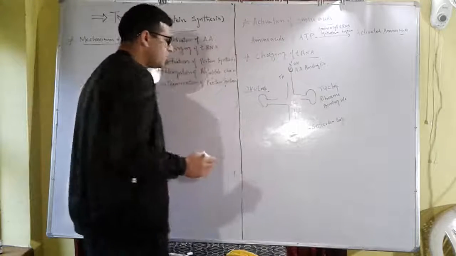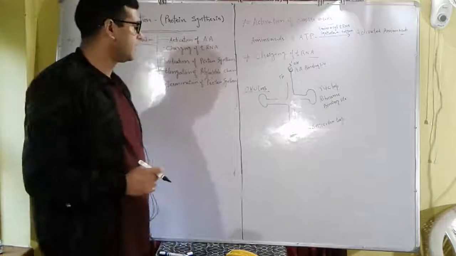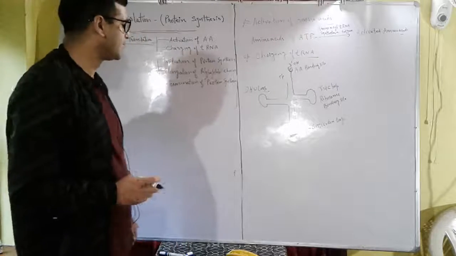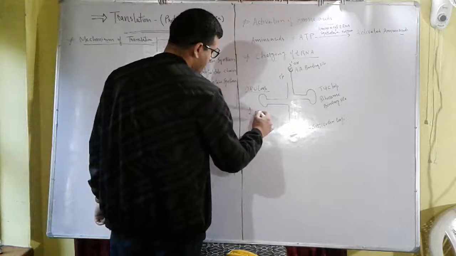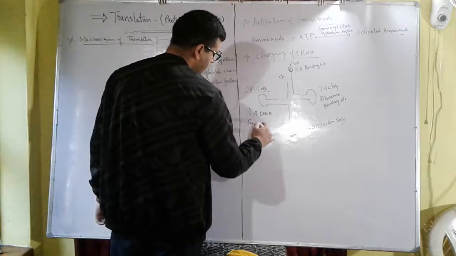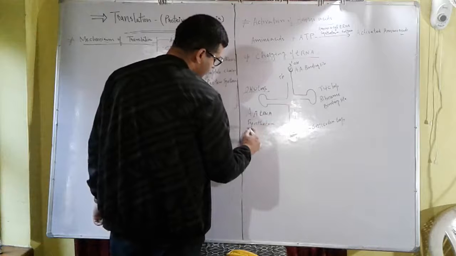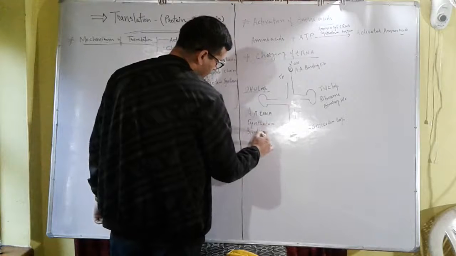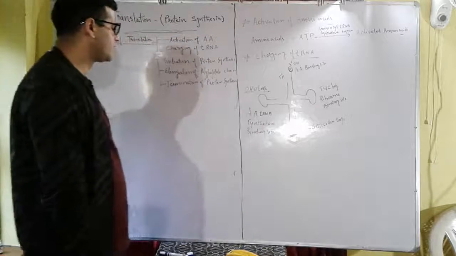This dihydrouridine loop is the aminoacyl tRNA synthetase enzyme binding site.